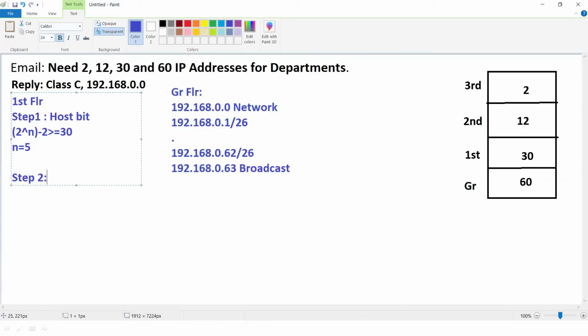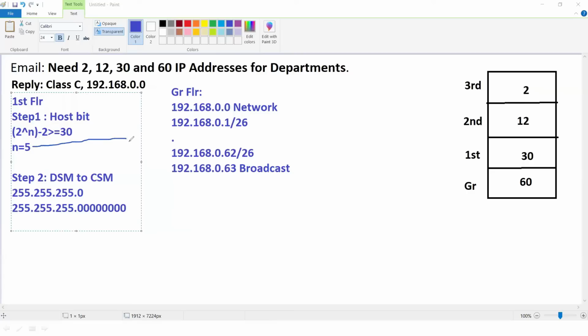Step number 2 is to convert the default subnet mask to the custom subnet mask. What is the default subnet mask? 255.255.255.0. Now the custom subnet mask will use 8 bits in the octet. Host bits are represented by 0 and they start from right to left in an octet. So the last 5 bits will become the host bits and the remaining 3 will represent the network bits.